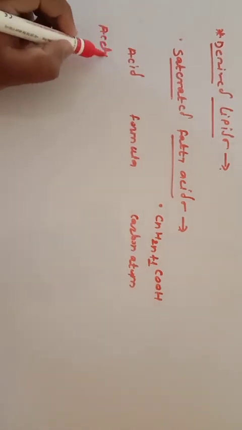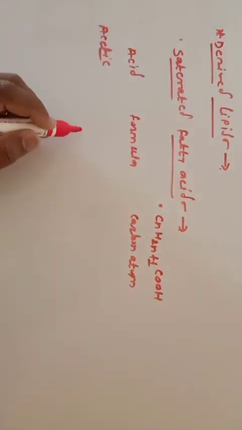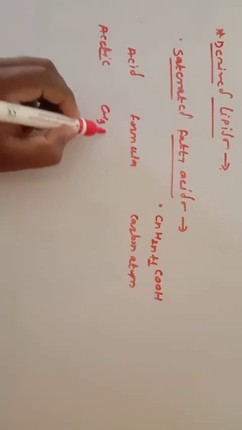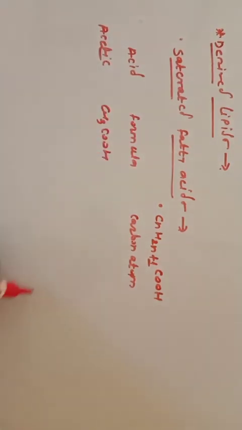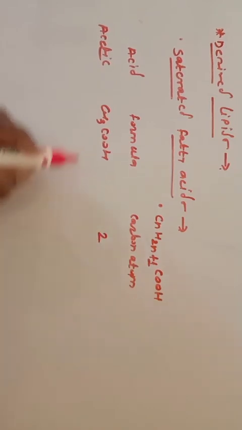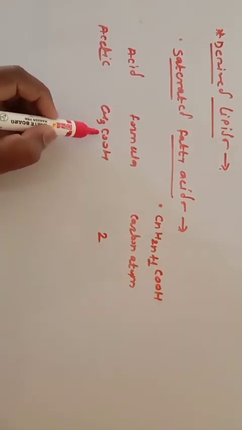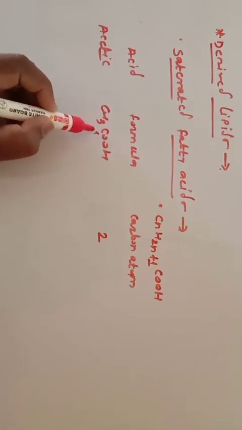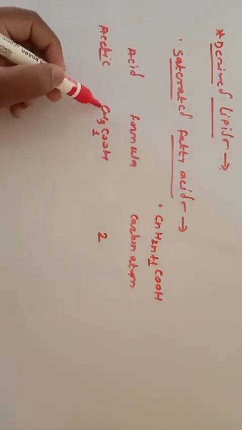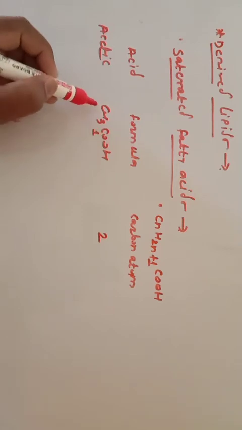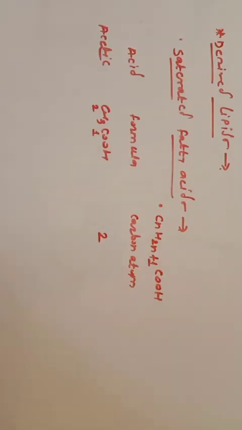So we are very much familiar with this acetic acid. The formula is CH3COOH. The number of carbon atom is 2. So this carbonyl carbon, it is considered as a carbon number 1, and whatever the carbon which is adjacent to this carbonyl, it is considered as a carbon number 2, or it is your alpha carbon. So total 2 carbon atom is there.